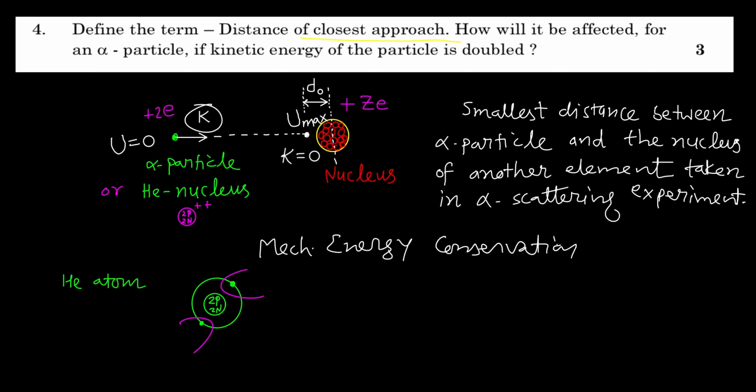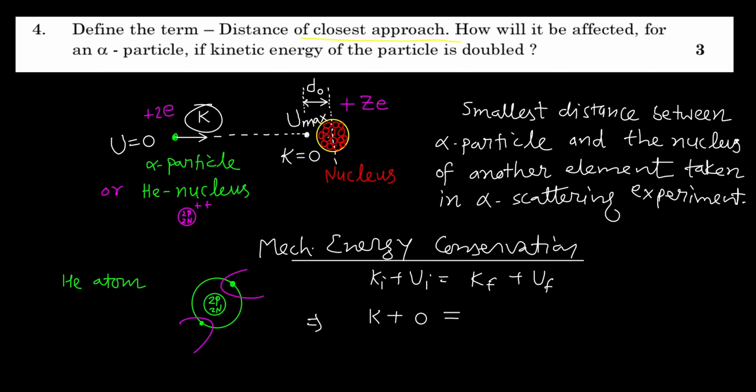So let's apply it. The total initial kinetic plus potential energy is equal to the final kinetic plus potential energy. Let's put the values. Initial kinetic energy is K plus, because the distance is very large initially, the potential energy will be almost zero, because if you remember the potential energy formula, 1 upon 4 pi epsilon naught Q1 Q2 divided by R. So if R is very large, orders of meters, and the charges Q1 Q2 are so small, that energy will be taken as zero.